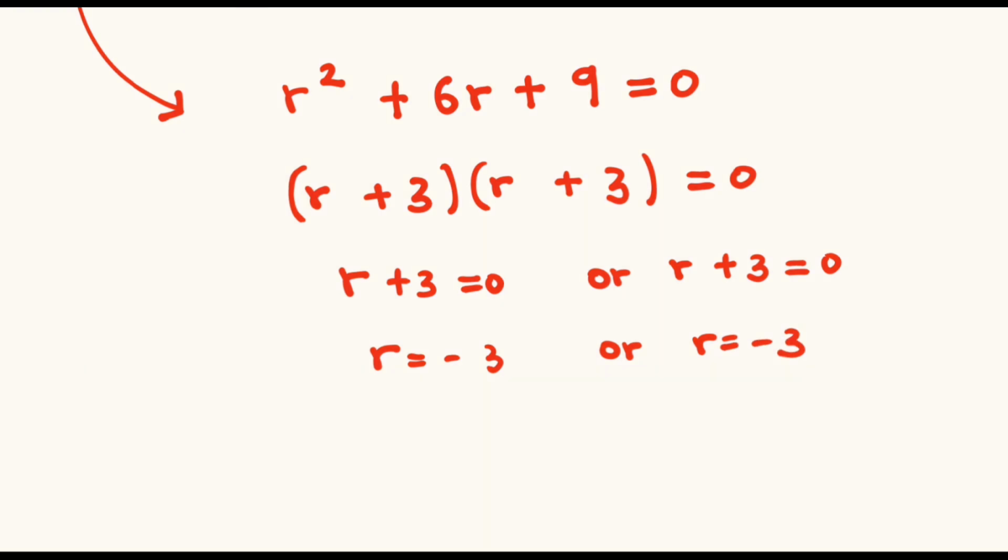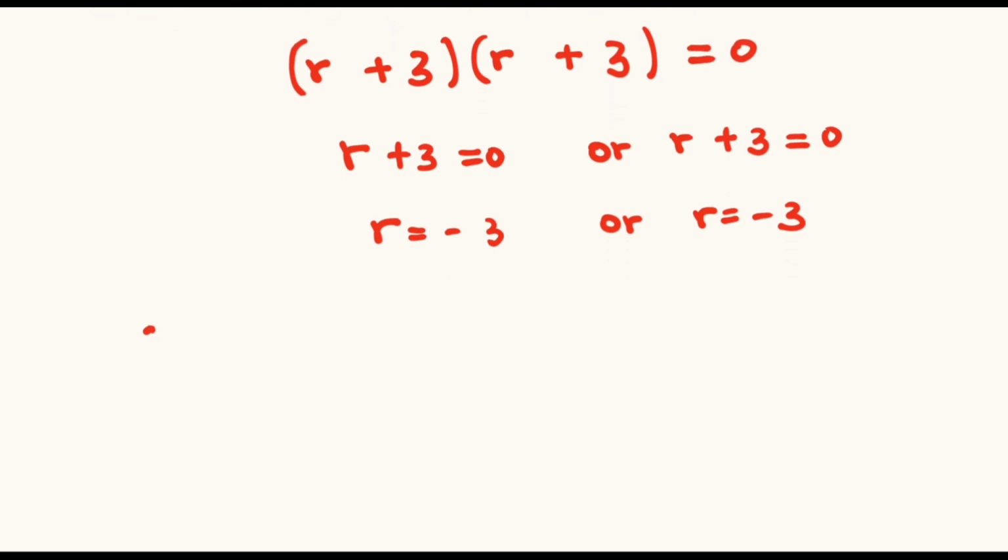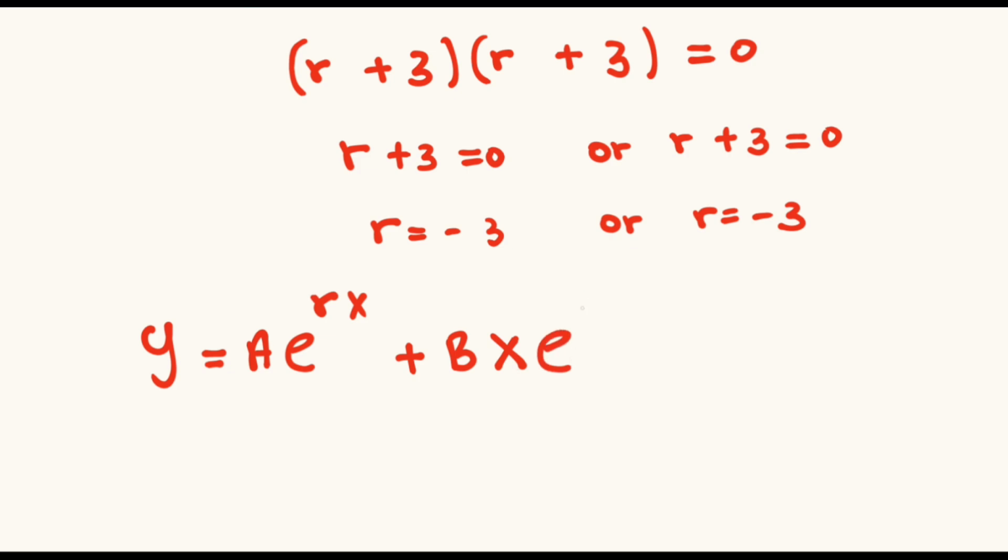So in the case where we have roots which are equal, the general solution y will be equal to a multiplied by e raised to the power r multiplied by x plus b, and this time around we are going to multiply with the x because the roots are the same, and this we multiply also by the e raised to the power r multiplied by x.